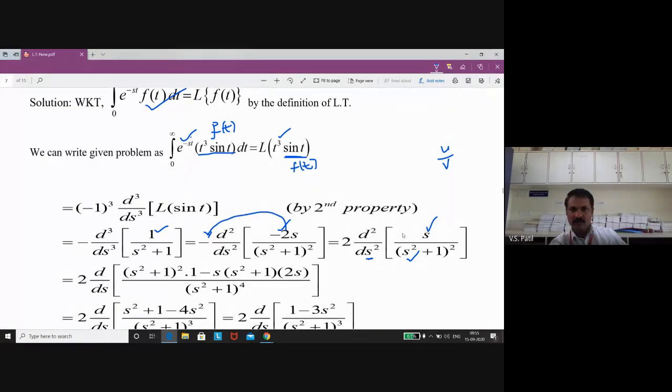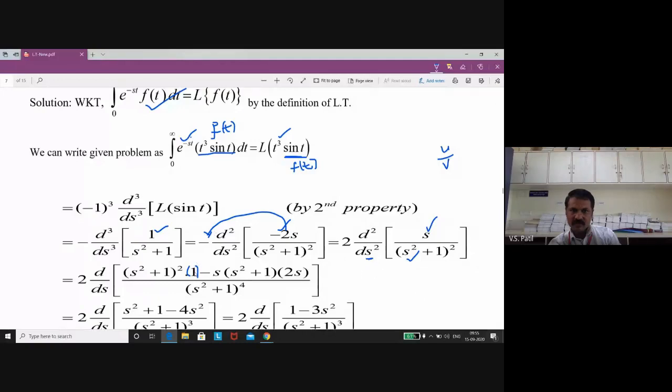So using the u by v rule, once again we will differentiate this. This is 2 as it is. Now, differentiation of this by using the u by v rule: denominator square. What is your denominator here? s square plus 1 whole square. s square plus 1 whole square means you will get s square plus 1 raised to 4. The next denominator as it is, s square plus 1 whole square as it is. Differentiation of numerator: what is the numerator here? It is s.